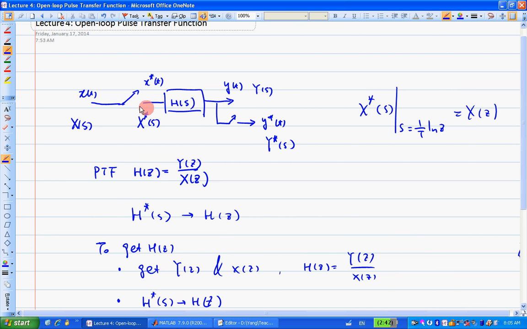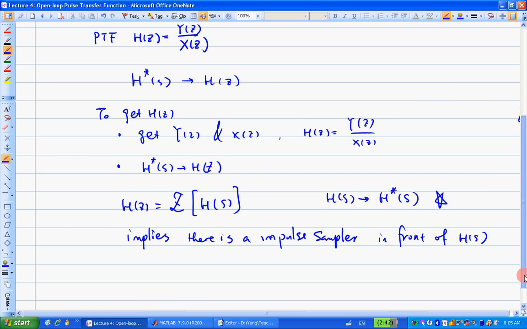The physical meaning behind this operation is that there is an impulse sampler in front of h of s, just like in this case there is an impulse sampler in front of this block. That's how you can do this step.